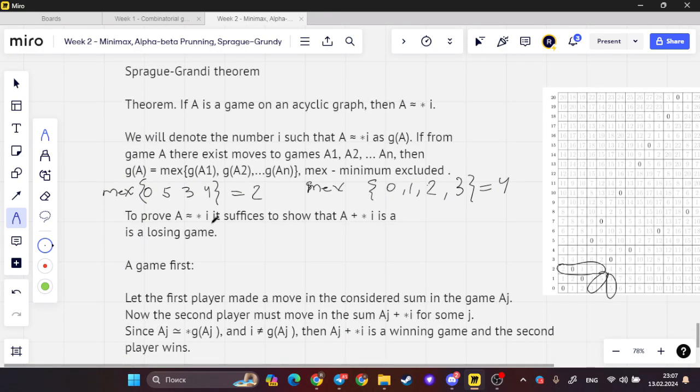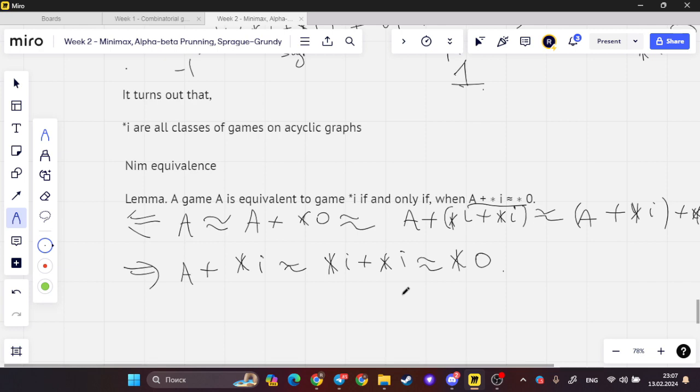Let's prove this theorem. To prove that A is equivalent to some game on nim, it suffices to show that A plus star E is a losing game according to our lemma.